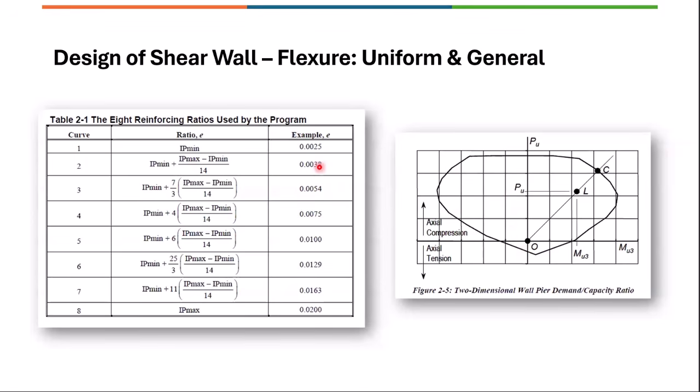You'll have to iterate the design till the required ratio is bracketed within these two limits. If it is, let's say, 0.03, then shift IP max to 0.04 and IP min to 0.01 or 0.02, right?